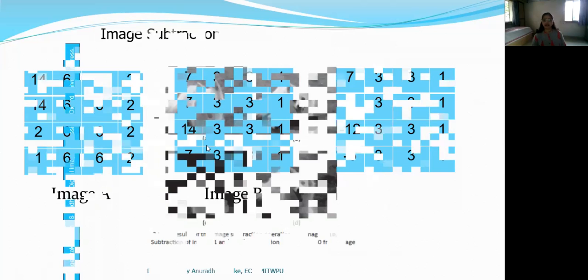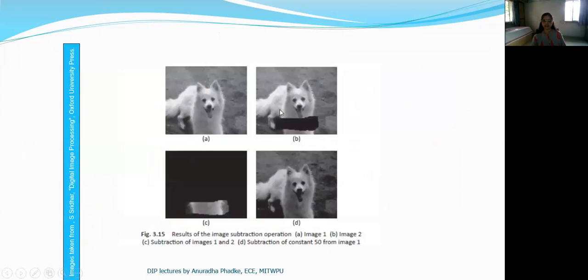Now here one example of image subtraction is shown. So this is your image A and this is your image B. Now if you compare these two images, you can easily understand that only this particular portion, which is black in the second image, is different in these two images.